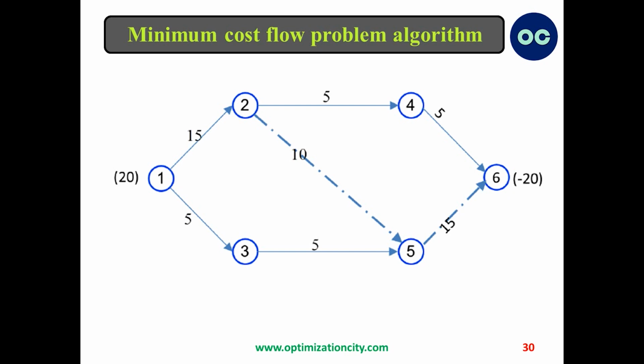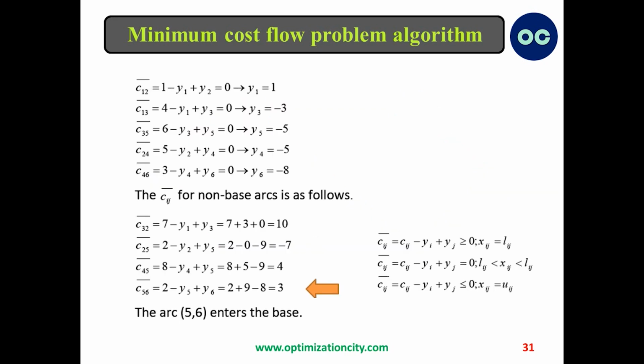In this solution, the objective function is equal to 155. Assuming y2 is equal to 0, we can calculate yi again for all nodes as follows. We calculate Cij bar for all non-basic variables, then arc 5,6 is added to the base because it does not satisfy the optimality condition.